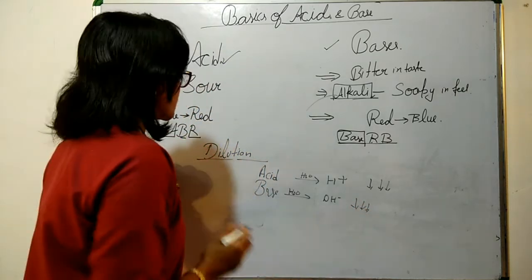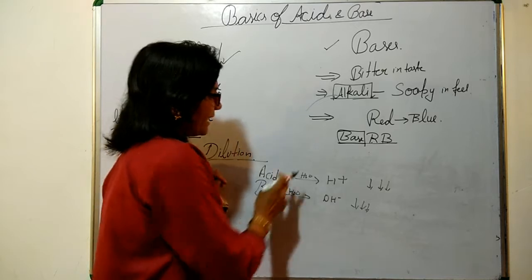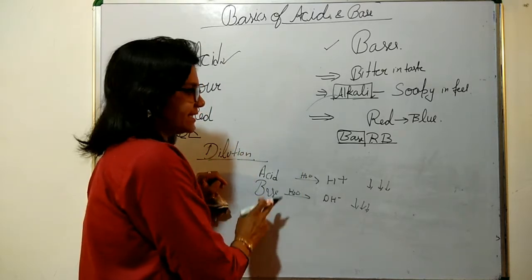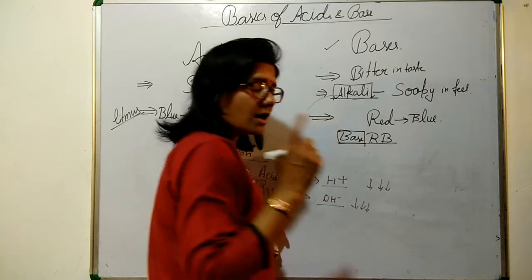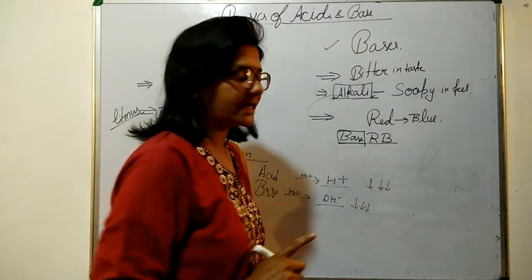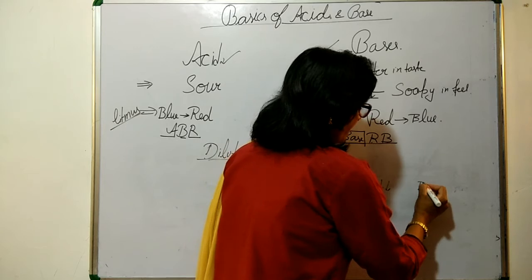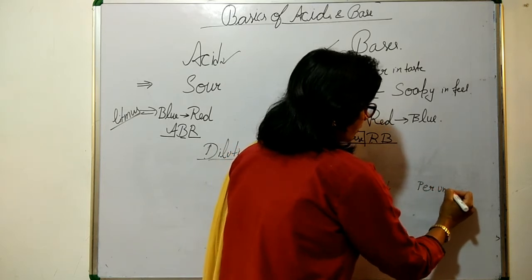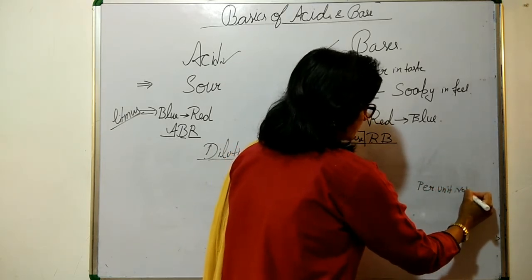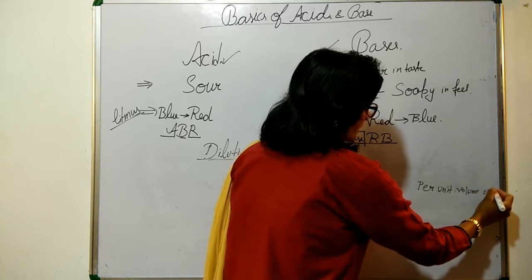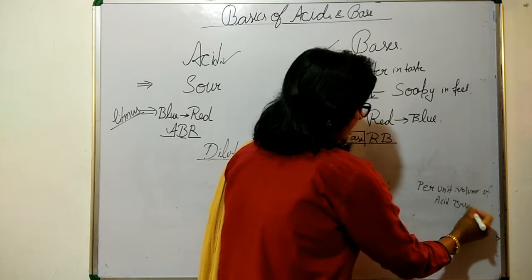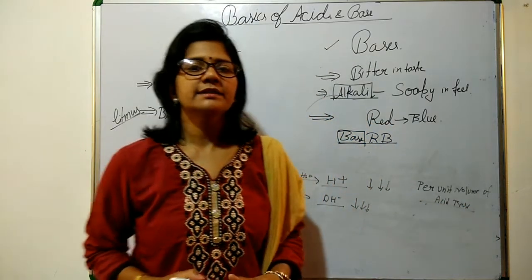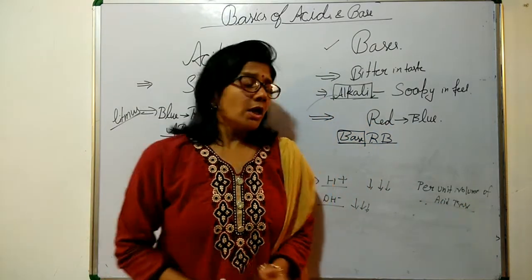Okay, so what is dilution? Adding water to an acid or base to reduce the hydrogen or hydroxide ions per unit volume of the acid or base is known as dilution.